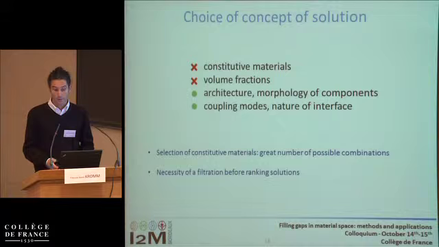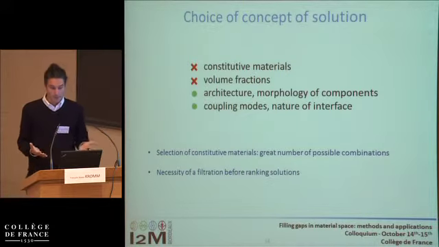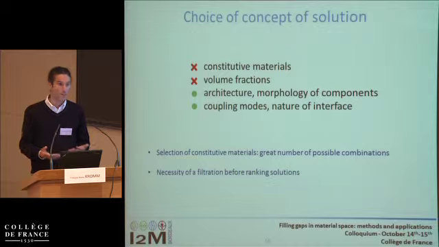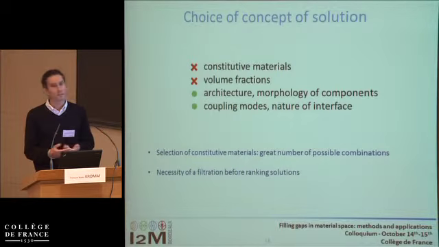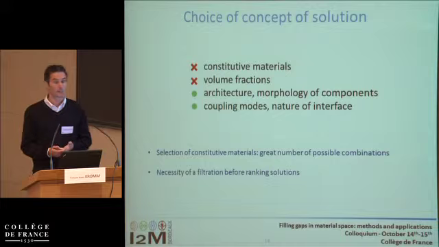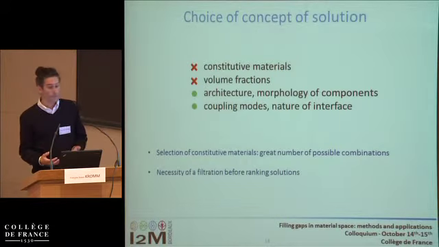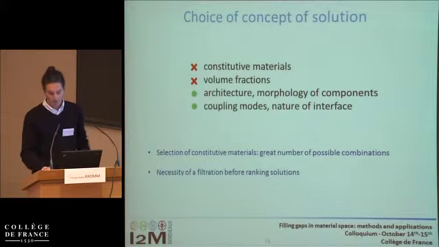So the remaining three parameters are constitutive materials and their volume fractions. But for the selection of constitutive materials, there are classical methods to choose one material, but when dealing with combinations of materials, the number of possibilities increases greatly. So it shows the necessity of a filtration before ranking the solutions.